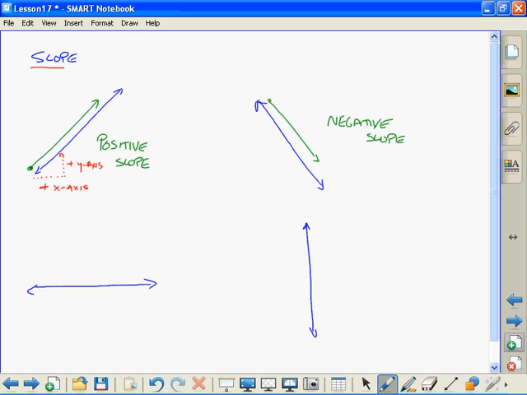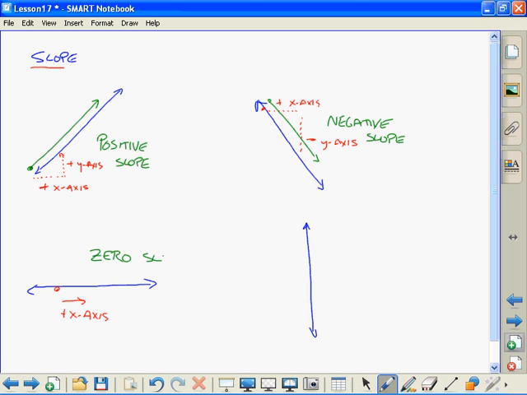Over here, for any point on the line, as I move to the right, or in the positive direction of the x-axis, I have to move in the negative direction of the y-axis. So that's why we have the positive and negative slopes. So for the third one down here, if I follow the same reasoning, in the positive direction of the x-axis, I'm not going up or down, so this is our 0 slope.